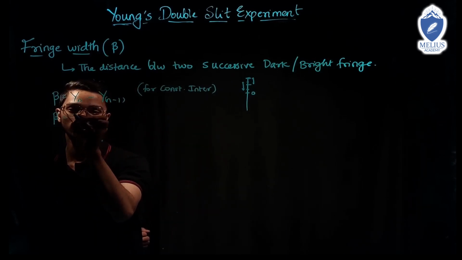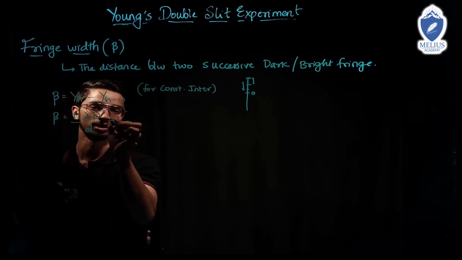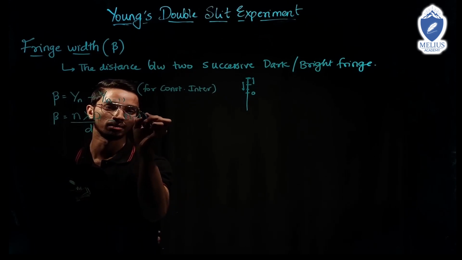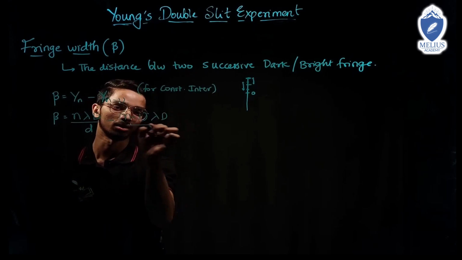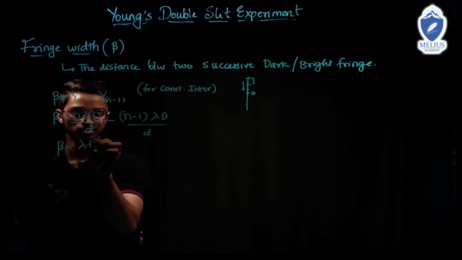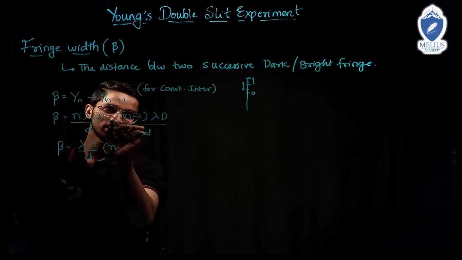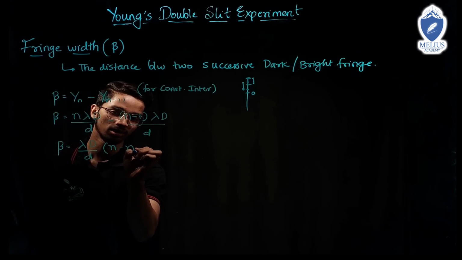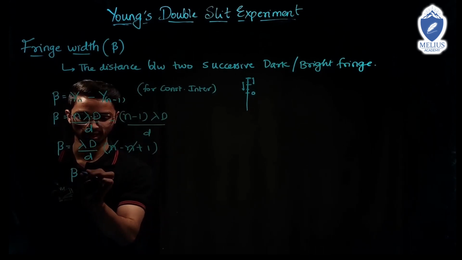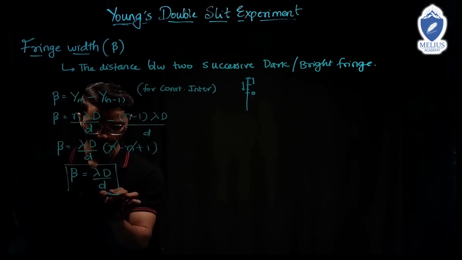What will be yn here? n lambda capital D by small d minus, what will be yn minus 1? Instead of n, we have to write n minus 1 lambda capital D by small d. Okay, beta is equal to lambda capital D by small d is common in both of them. So n, if I multiply this minus inside, minus n plus 1, plus n minus n gets cancelled, and beta will be equal to lambda capital D by small d.